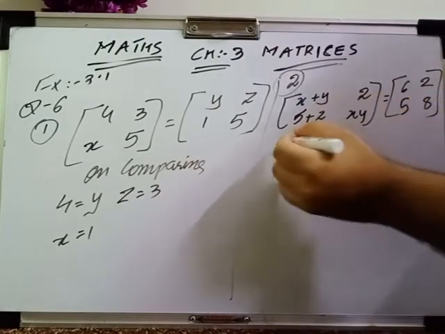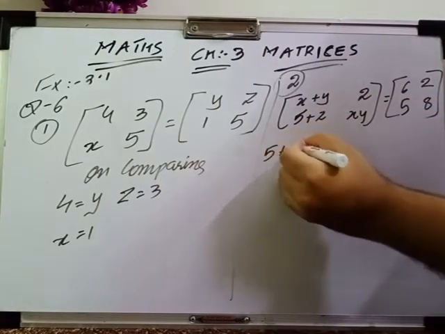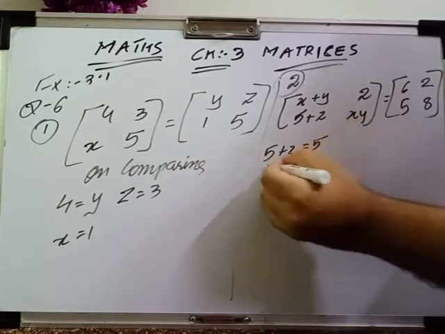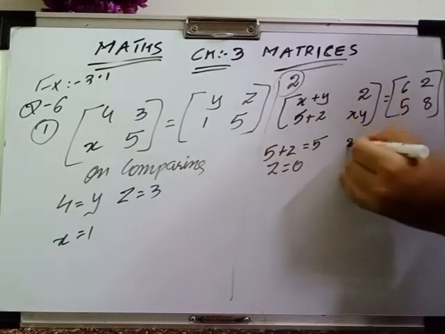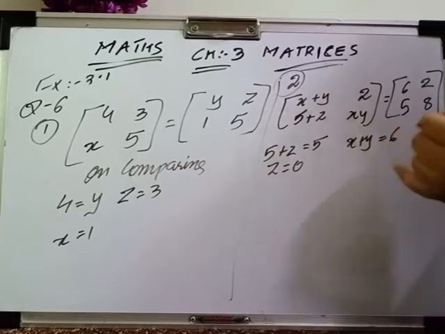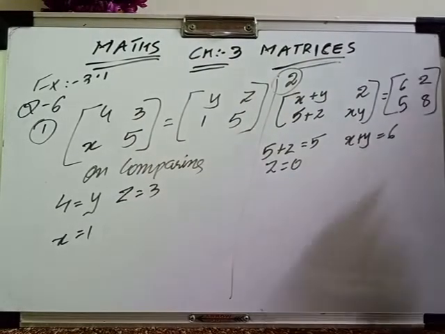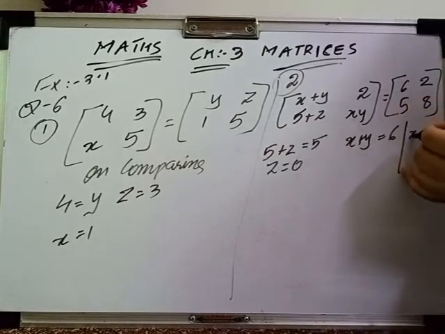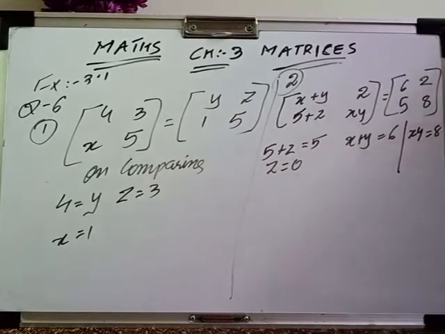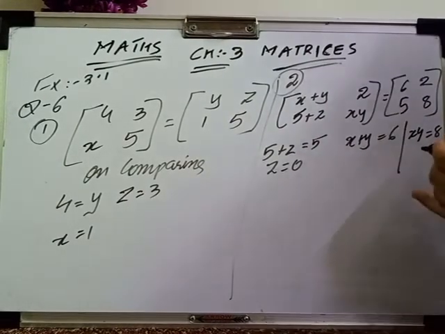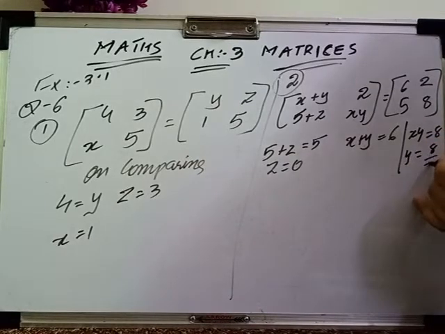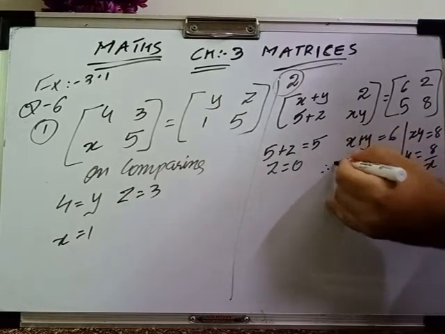So if I compare the second row first column, then I will have z is 0. If I compare the first row first column element, then it will be x plus y is equal to 6, and the second row second column element, then I will have xy is equal to 8.